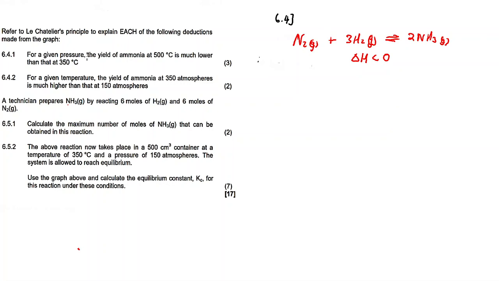So we want to know why the yield of ammonia at a temperature of 500 degrees is much lower than that at 350.